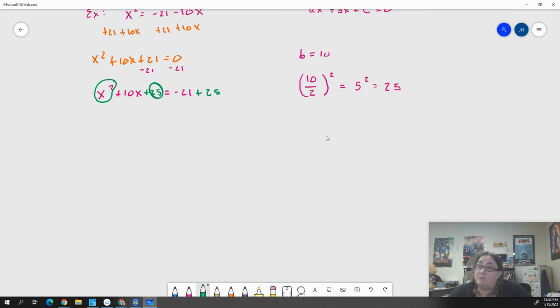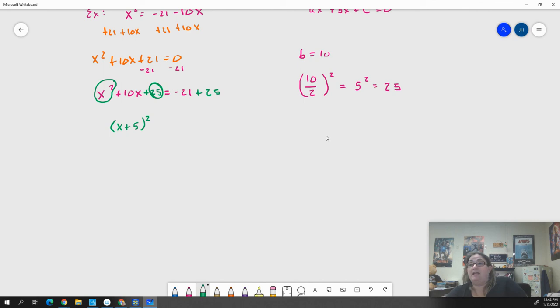So the square root of x squared is x. The square root of 25 is 5. And if you don't know what it is, it's always this thing that we squared to get that number that we added, right?